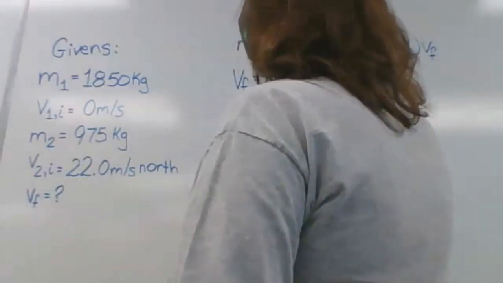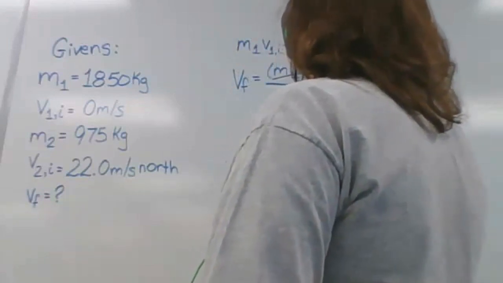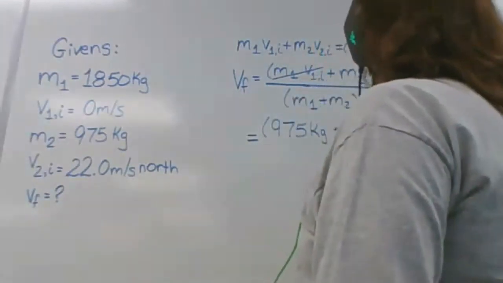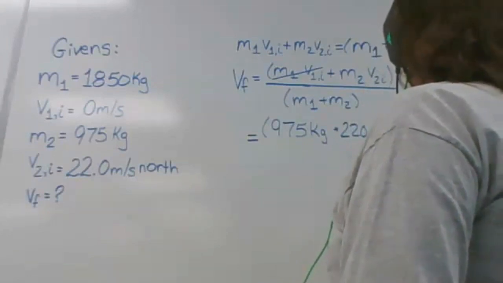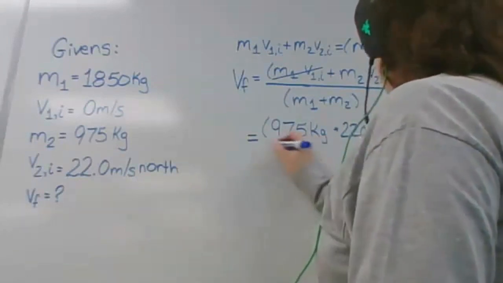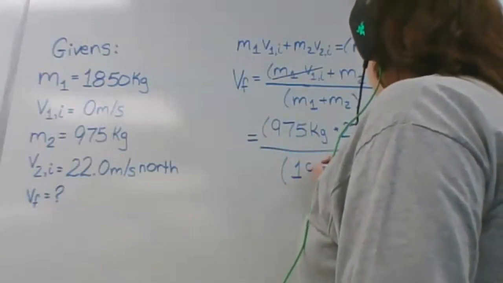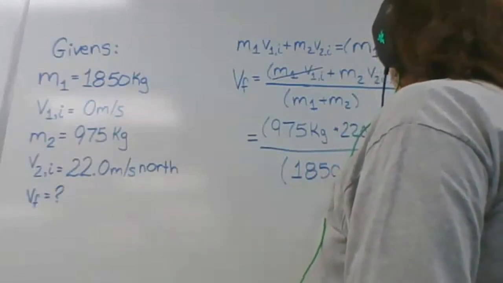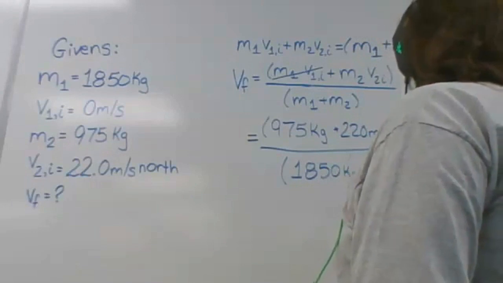So we take 975 kilograms times 22.0 meters per second north, and divide that by the summation of the masses, which is 1,850 kilograms plus 975 kilograms.